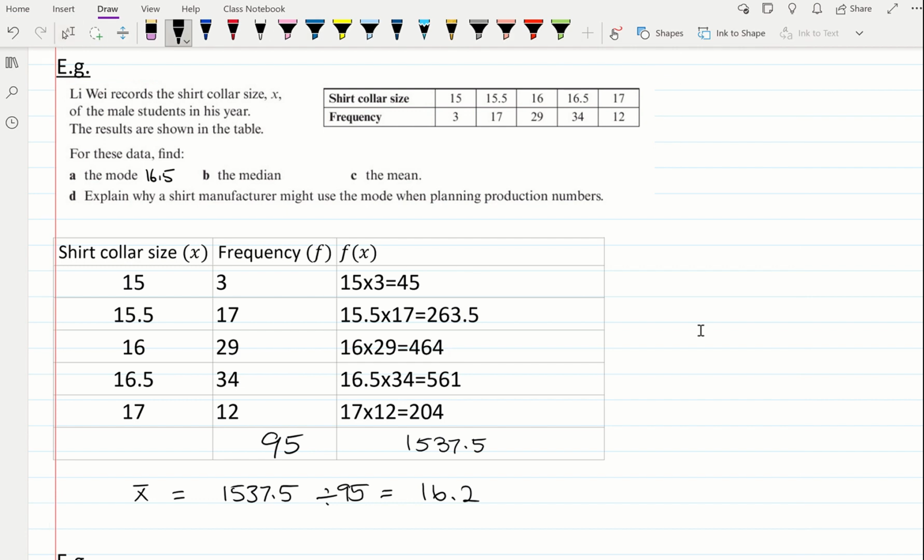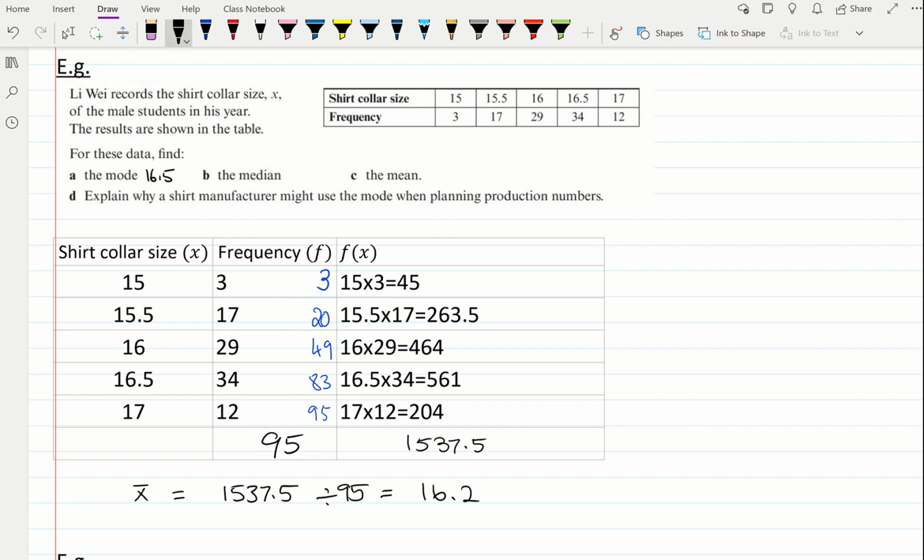So how many people have a size 15, which is the smallest size, or less? Well, 3 people. And then I'm going to add the 17, so that gives me 20. And I'm going to add the 29, so that's going to give me 49. And then I'm going to add the 34, and that's going to give me 83, and I'm going to add the 12, and that's going to give me 95. So you can see that's a cumulative frequency column.